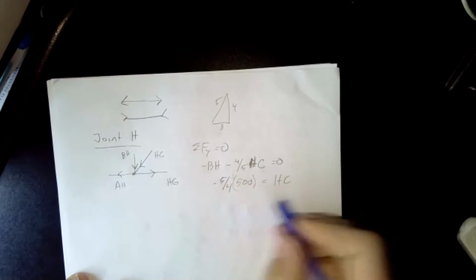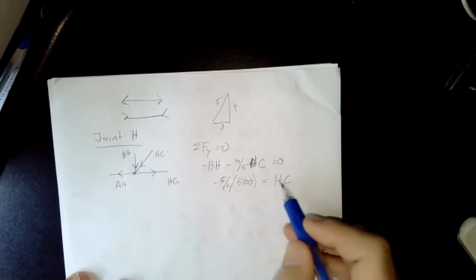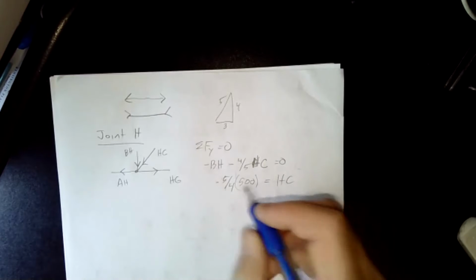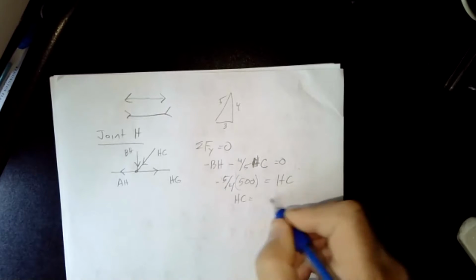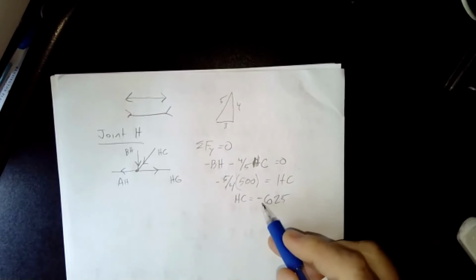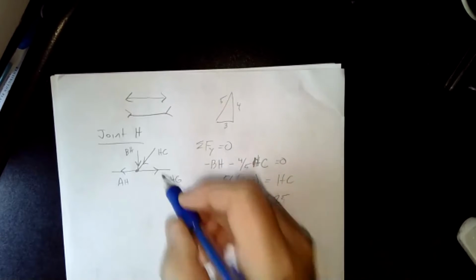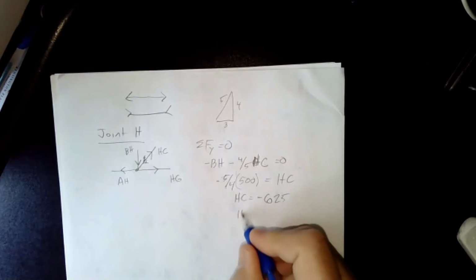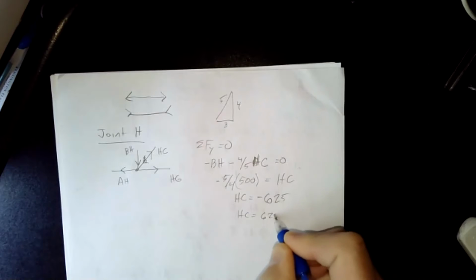So notice how there's that negative sign there that we can't resolve because I guessed the wrong direction. And so what it would come out to be is HC in this case would be negative 625, which means I guessed the wrong direction. So it's actually in tension, not compression, which you could see obvious, but there'll be other problems where it won't be that obvious. So HC equals 625 pounds, and that's in tension.